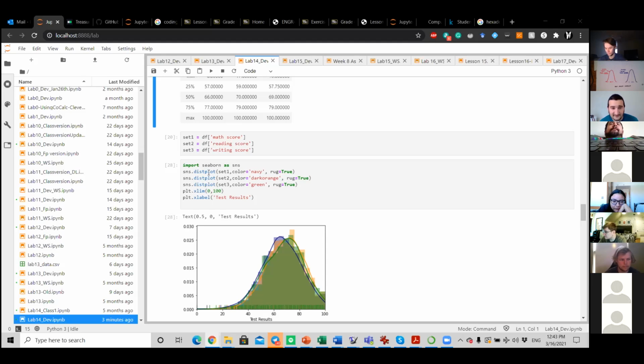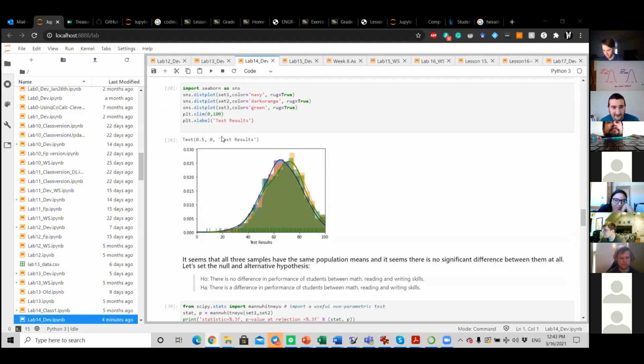We have already discussed this. And I want my x-axis to go from 0 to 100. Why? Because test scores are on a range from 0 to 100. That is the possible scores that I can get, and I set the label.